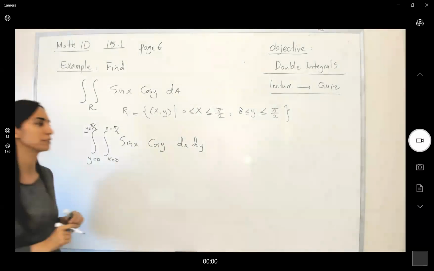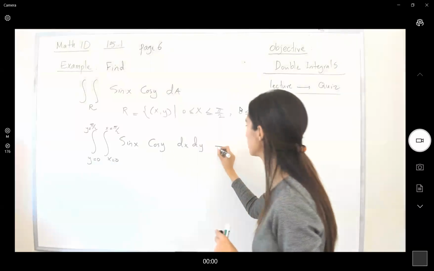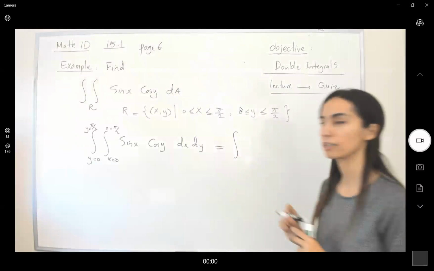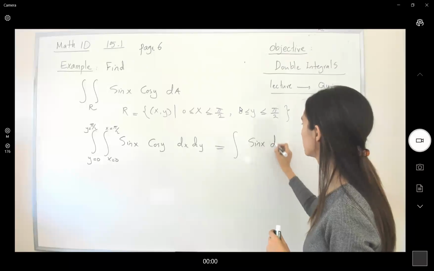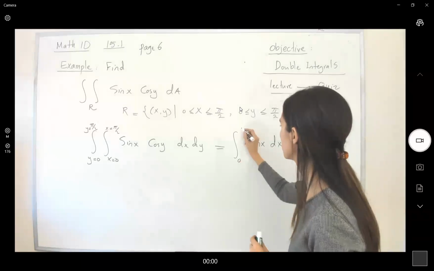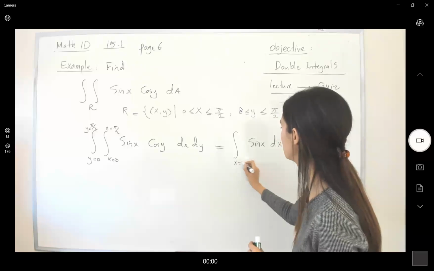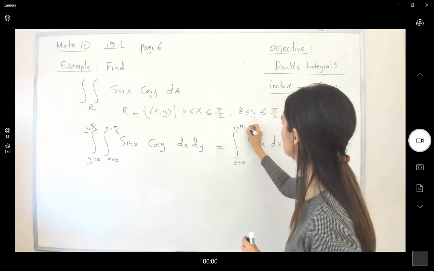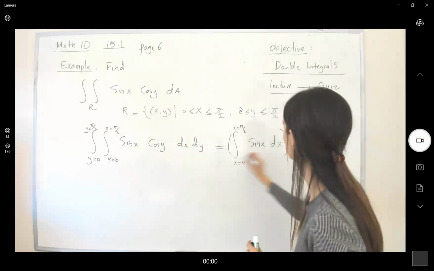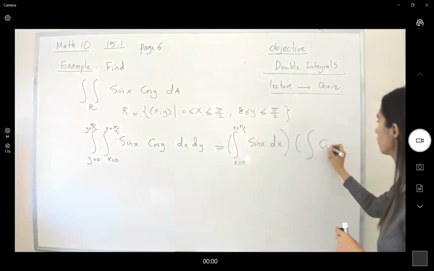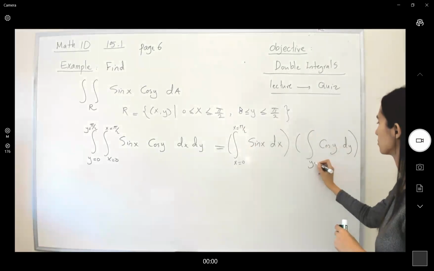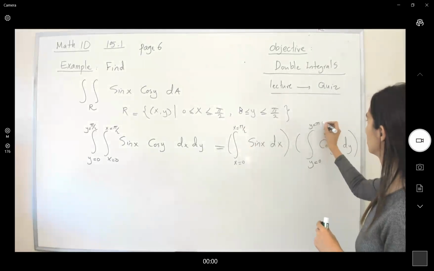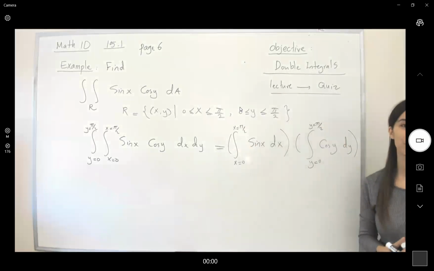What if I write it this way? Am I allowed to write it this way? It's the product of the integral of sine x dx, x ranges between 0 to pi over 2, times the integral of cosine y dy, y ranges between 0 to pi over 2.